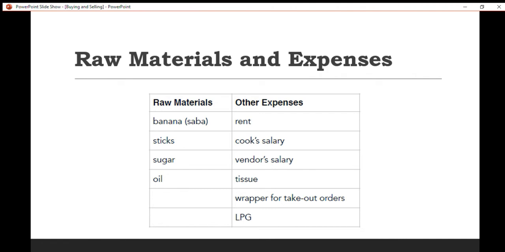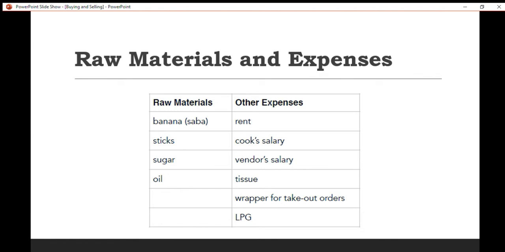So, as a seller, minsan kailangan nating magbayad ng pwesto or yung cart, so that comes into rent. And then the cook's salary, let's say hindi ikaw yung nagluluto, or kahit naman ikaw yung nagluluto, dapat meron ka pa ring kasama yung iyong services sa expenses. So yung bayad ng nagluluto at saka ng nagbebenta kung magkaiba pa.